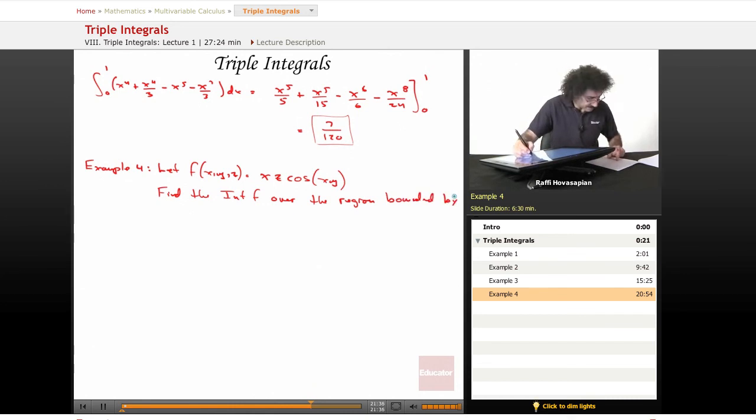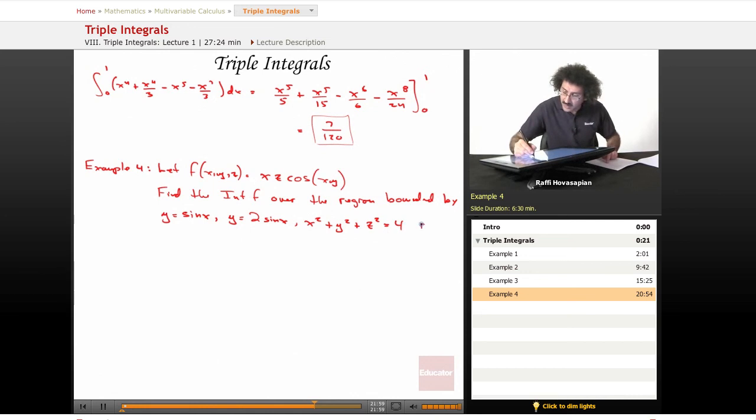bounded by y equals the sine of x, y equals 2 sine of x, x squared plus y squared plus z squared equals 4, and z less than or equal to 0.